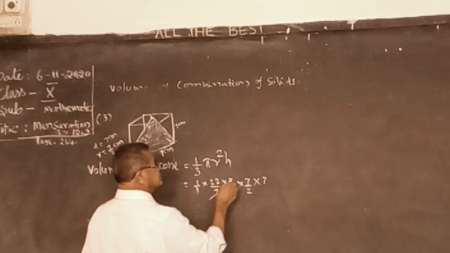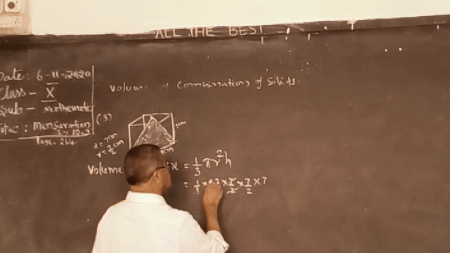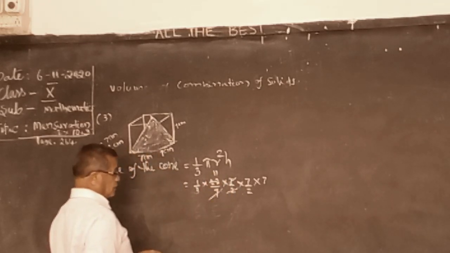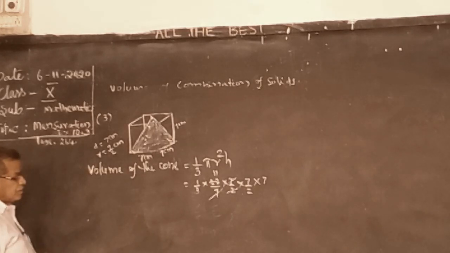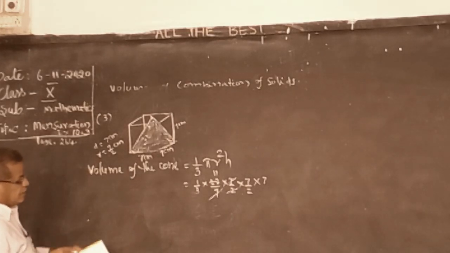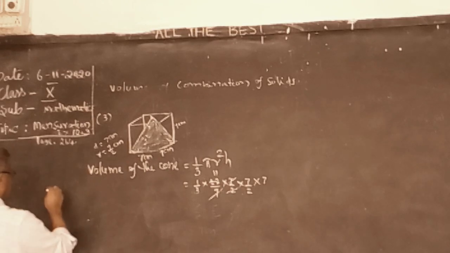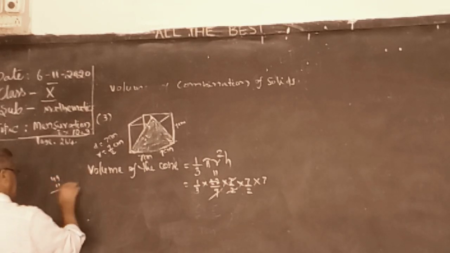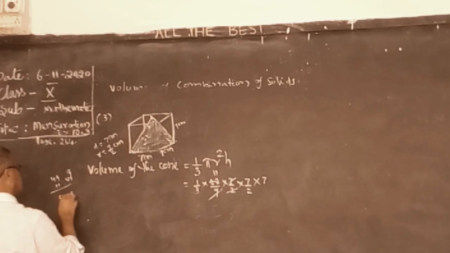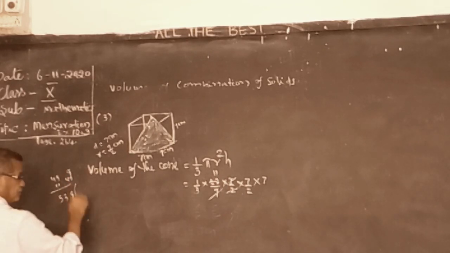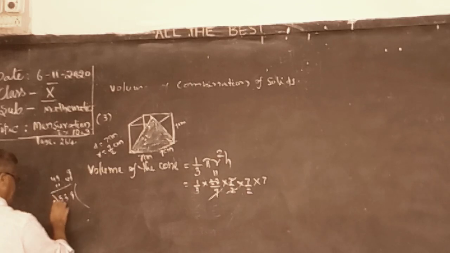Here cancel 7 and 7 to 1, 22 to 11, and 49 is divided by 6 and into 11. 49 into 11 is 539. 539 is divided by 6.